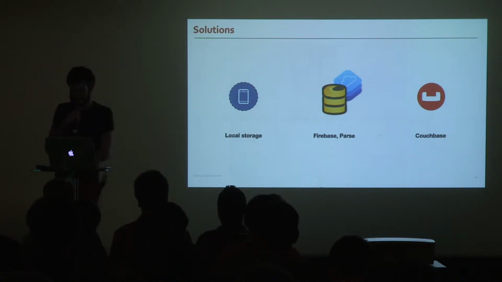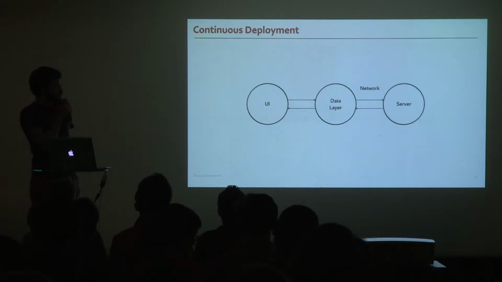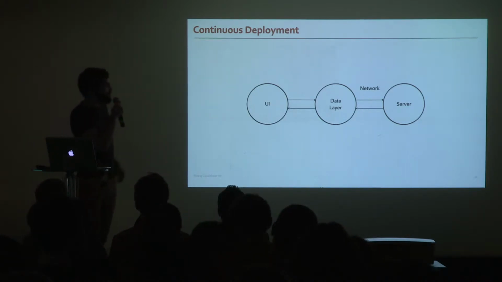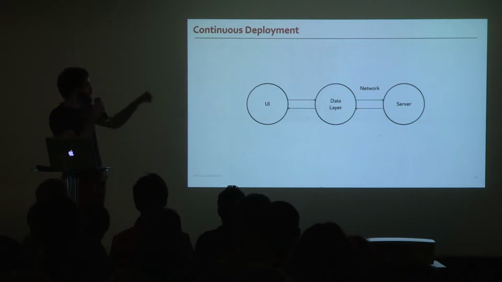The main advantage is that it simplifies your architecture, because when you click on the UI, you have to go through all the layers, through the network one way, then the other way back.